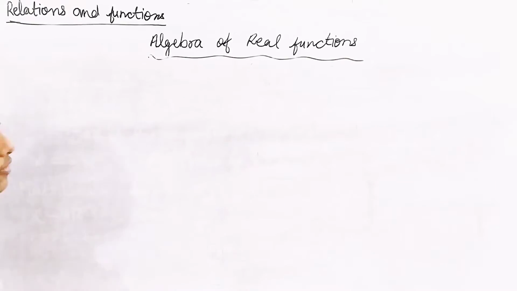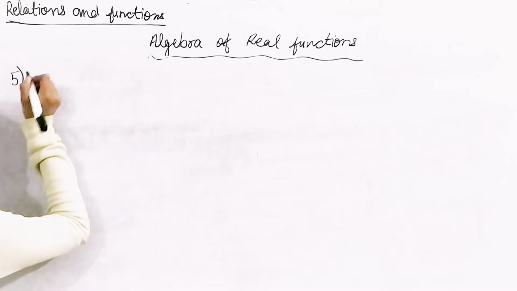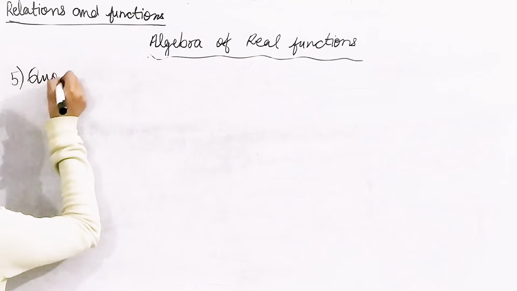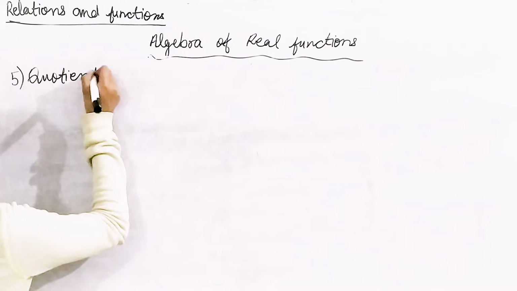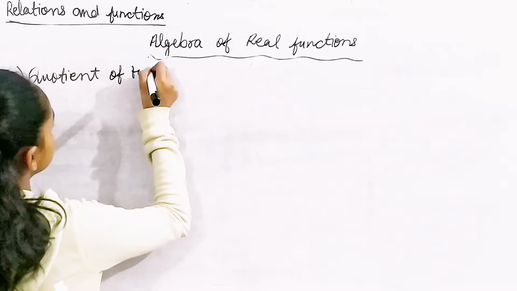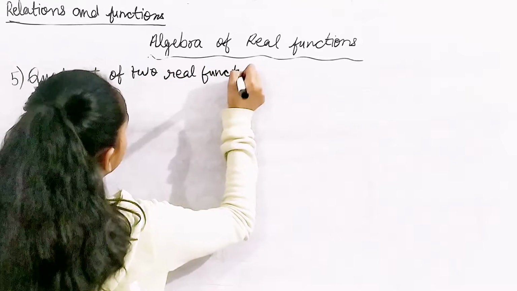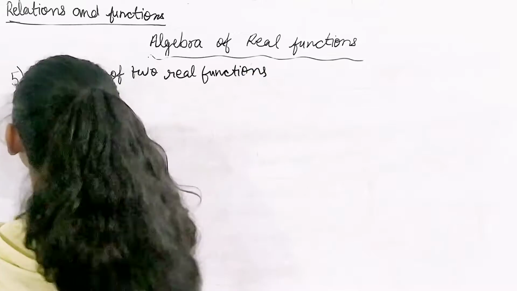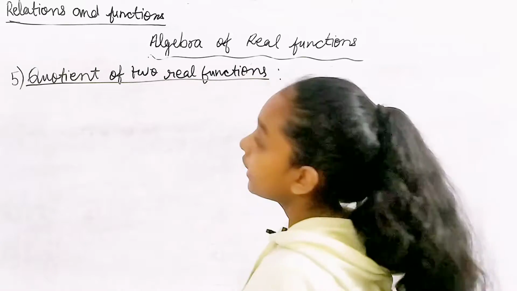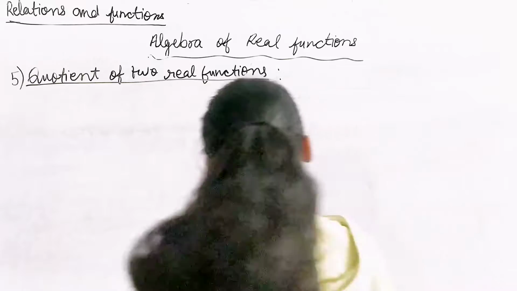So the fifth one is the quotient of two real functions.